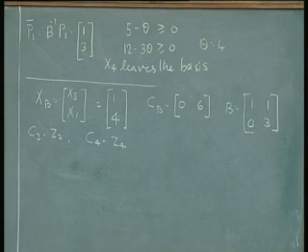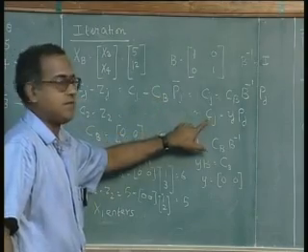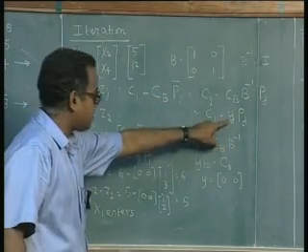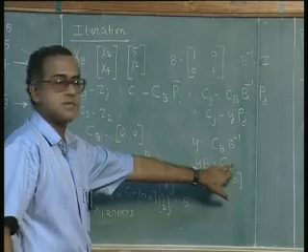Now, go back, Cj minus Zj is Cj minus yPj. So, we need to find out y. To find out y, we need yB equal to CB.